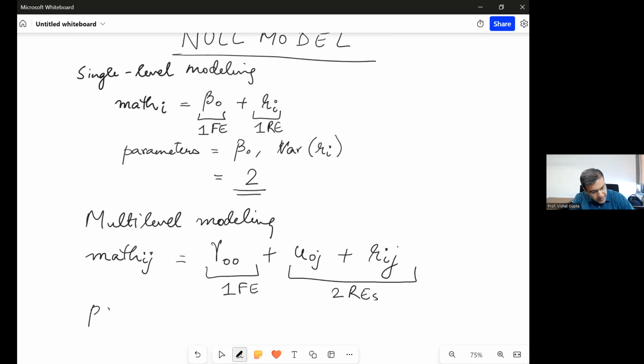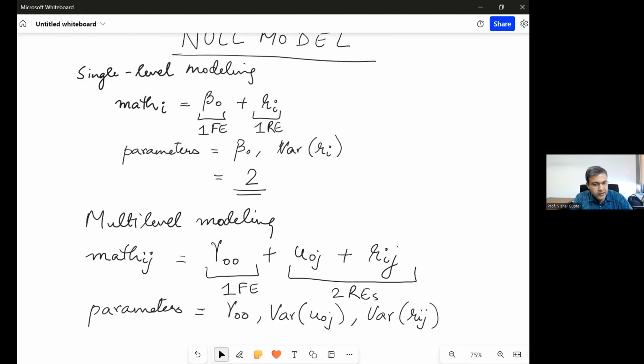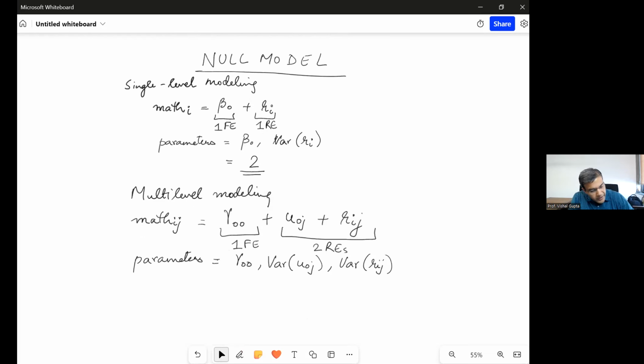So how many parameters are there in the model? One gamma 0 0. Then you have variance of u0j to be computed and variance of rij to be computed. So how many parameters? 3. This is what it calls as df, number of parameters in the model.